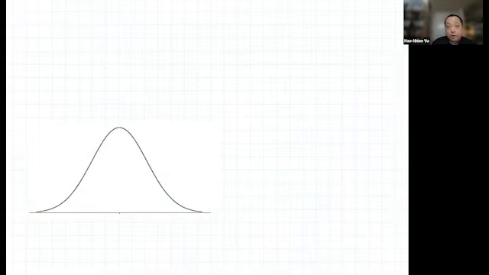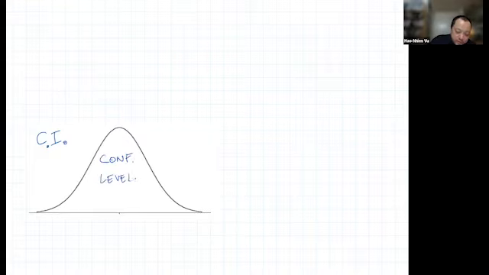Here's a diagram for confidence interval. Let's say we take the sampling distribution of the parameter. Then what we do is we put the confidence level in the middle of the sampling distribution. So it's right in the middle, symmetric on both sides like that.